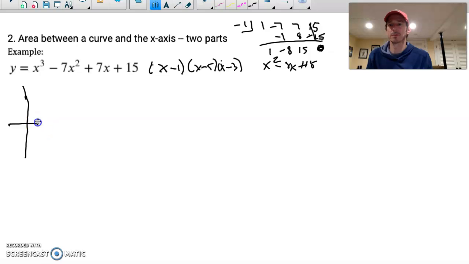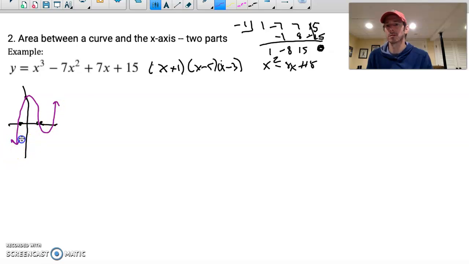And if I plot all those x-intercepts, oh, actually, this is a -1, so that has to go in there as an opposite, so +1, thankfully. Otherwise, my graph wasn't going to work. So there's my x-intercept at -1. There's one at 3 and at 5. And then I know my graph is cubic with a positive lead coefficient, so it's got to come up, go down, come up like this.